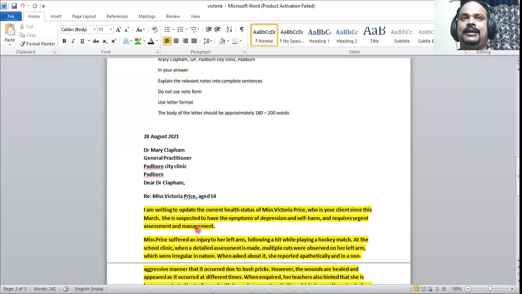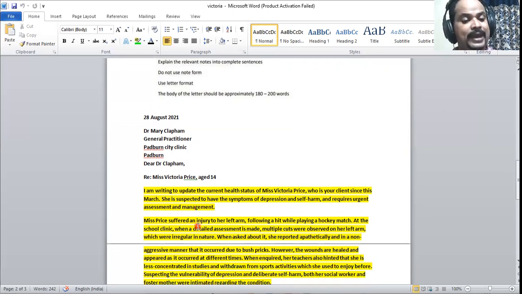You have said that she was apathetic, non-aggressive, symptoms of depression. Self-harm, you have seen some irregular markings, wound markings on her left arm, and requires urgent assessment and management. Fine.